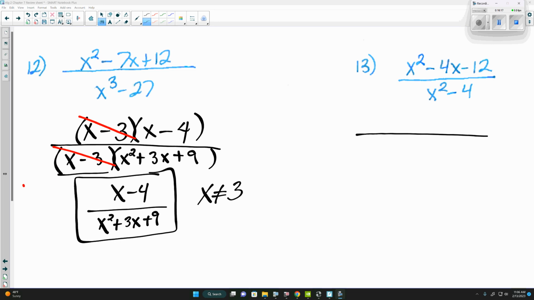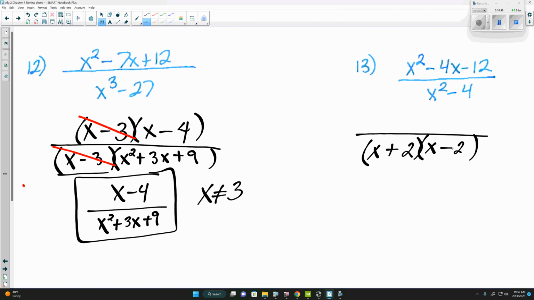I would always pick the one that I can see the factors of first or easier. In between the two, I think the denominator is a little bit easier to factor because we have x squared minus 4. x squared is a perfect square. 4 is a perfect square. Since we only have two terms and they're being subtracted, it's a difference of perfect squares. x would be x and x. 4 is 2 and 2, and we have plus and minus.